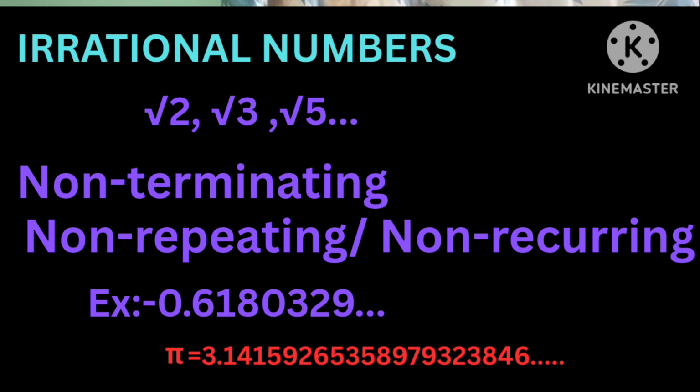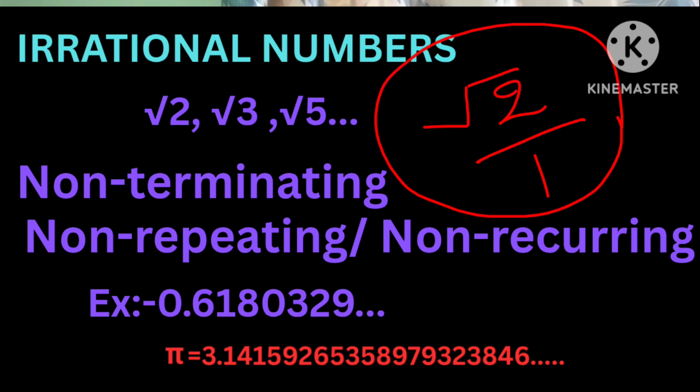Let us take one example, root 2. Root 2 can be converted in the form of p by q as root 2 by 1. But root 2 and 1, these two numbers should be integers. Root 2 is not an integer.